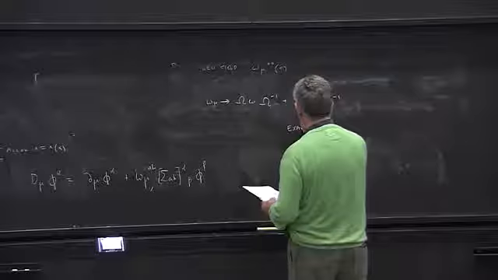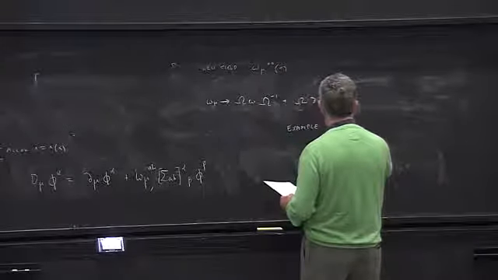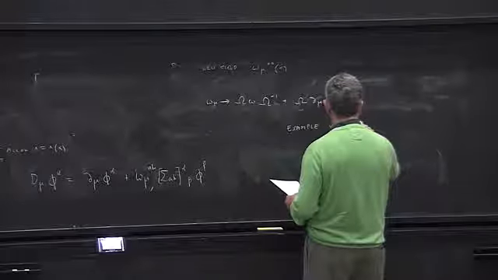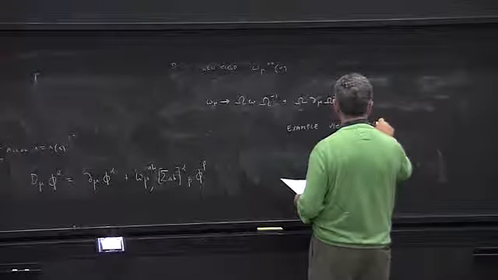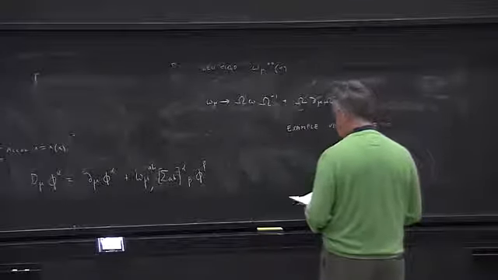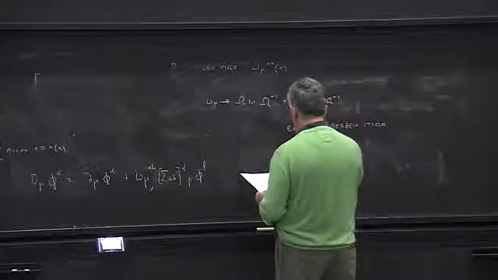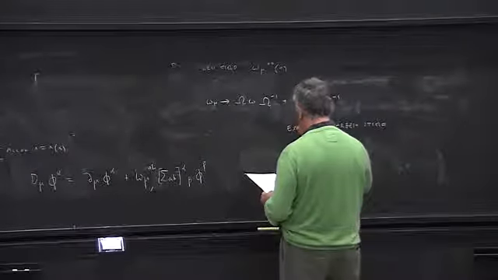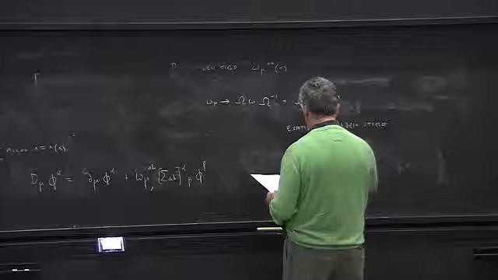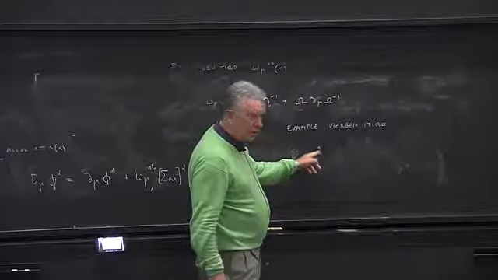Now an example is the Vierbein itself. The ordinary derivative of the Vierbein, this is now a vector under Lorentz transformation.